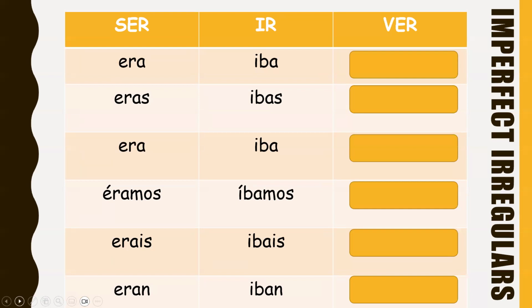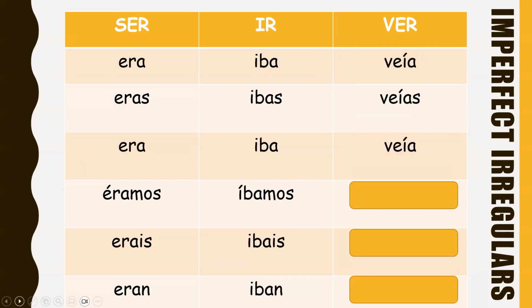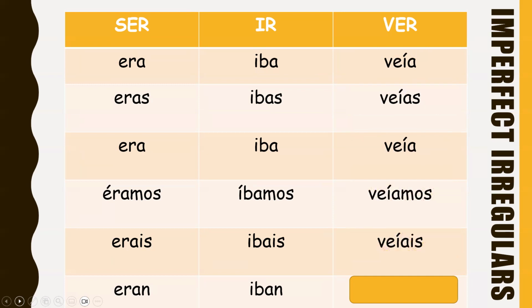Ver, I like to say, doesn't belong in the imperfect irregular group. Let's take a little look at it and then I'll explain why. Veía, veías, veía, veíamos, veíais, veían. Why am I saying it doesn't really belong in that group? Well, if you look really carefully, it is taking the ER endings, isn't it?